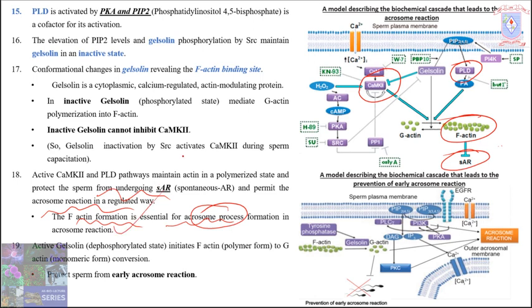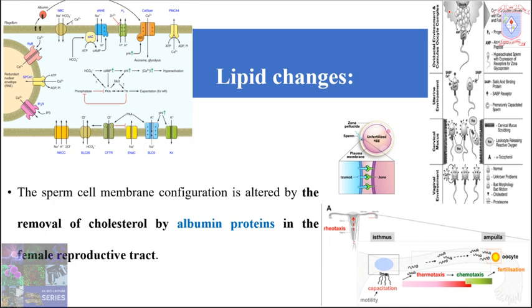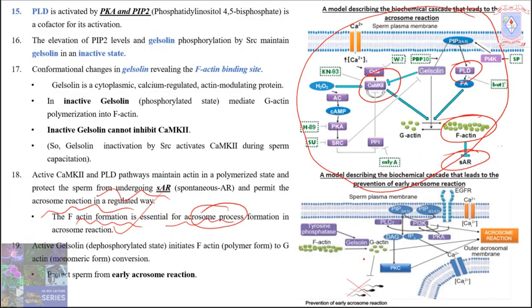All these steps are taking place as part of the capacitation, isn't it? So all this process is taking place inside in the isthmus region. So, but the capacitation is taking place in the ampulla region. Early acrosomal reaction must be inhibited in this.